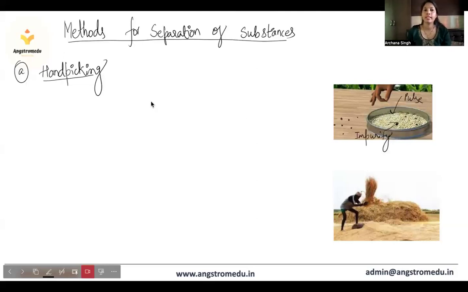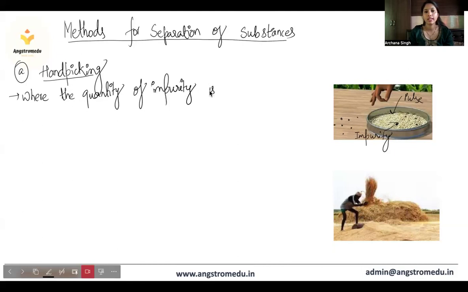So for those things where the quantity of impurity is less, in such cases we are using hand picking.